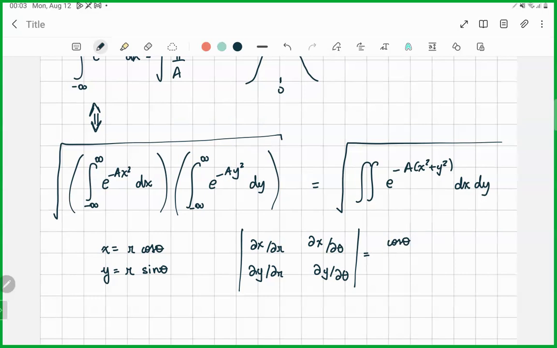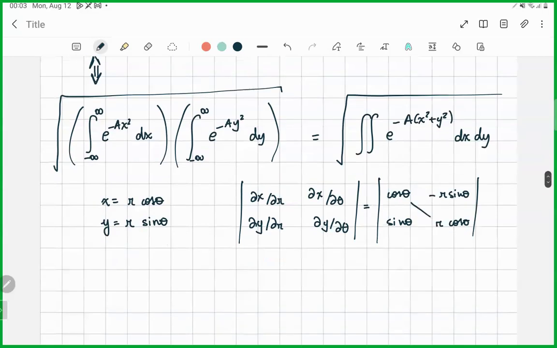The derivative in theta gives us minus r sine of theta. Here we have sine of theta, and here we have r cosine of theta. So we need to get this determinant. This product gives us r cosine squared. This product, with that minus, gives plus r sine squared. So it looked like a complicated thing, but at the end, it's just r.